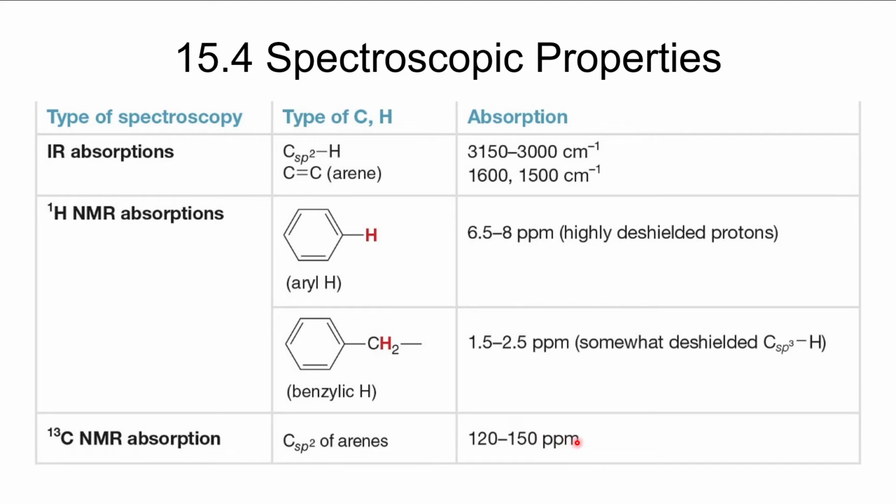Remember, for carbon NMR, our total range is from 0 out to about 220, and this falls in that relatively narrow range, 120 to 150. What's attached to it will affect these numbers. If you have something very electron withdrawing, it will pull it downfield. And if you have something that's electron donating, it will pull it upfield.